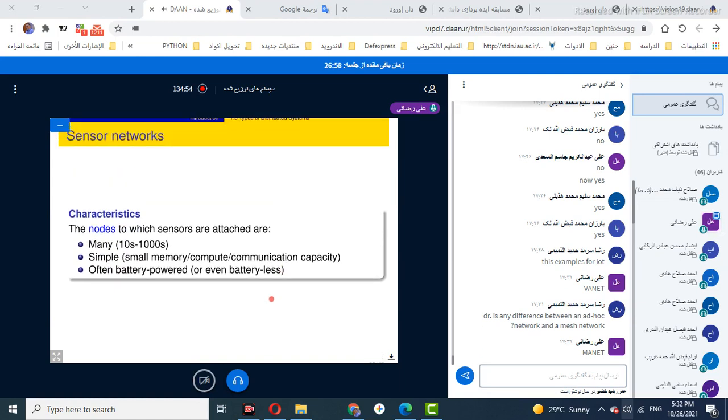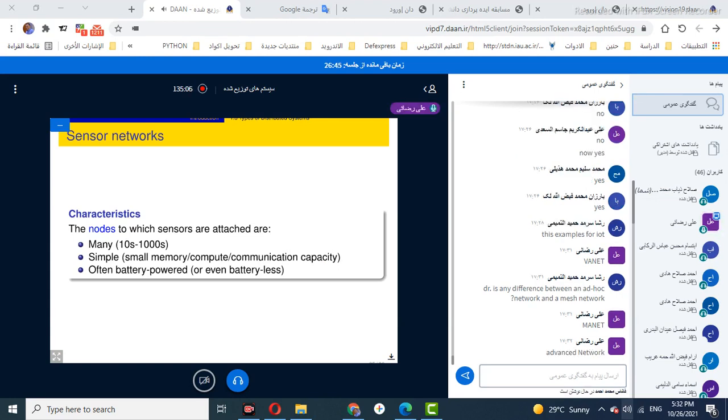But discussing the details of these two kinds of networks is related to another course called Advanced Network, which you may have had, or I don't know, you might have or not currently.